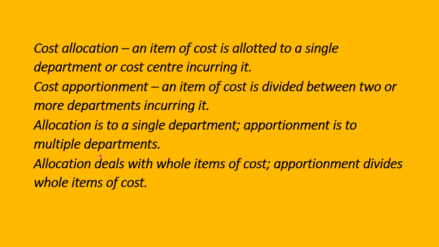So these are the two main differences between allocation and apportionment. There's another word for cost called absorption, which has to do with the ascribing of cost to units. That is not included here. You shouldn't have had that in your answer.